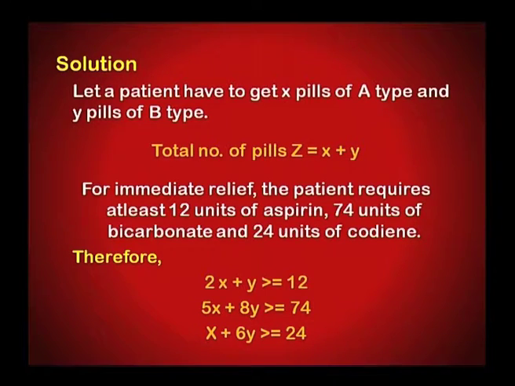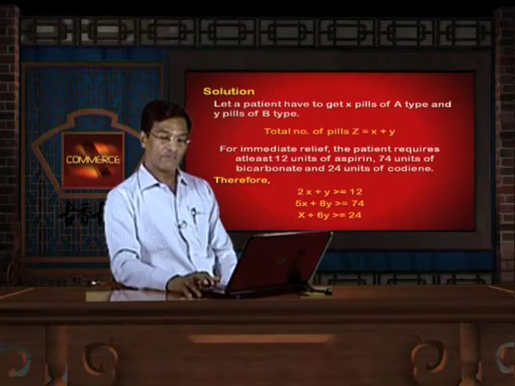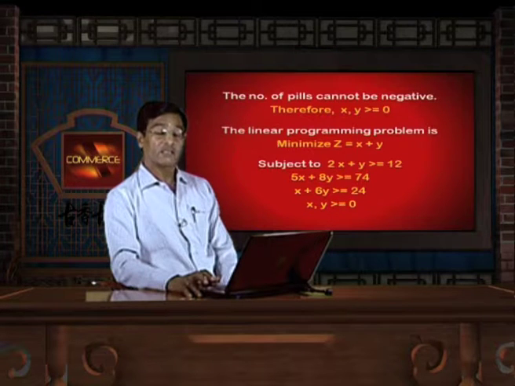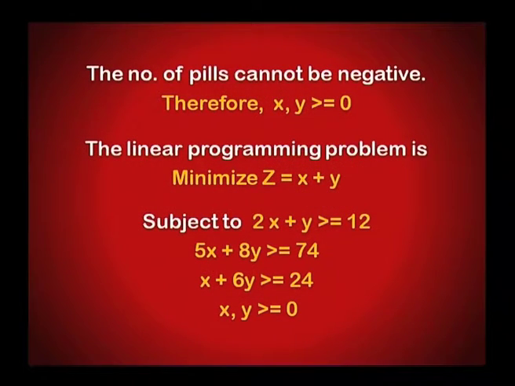Therefore, 2x plus y must be greater than or equal to 12, 5x plus 8y must be greater than or equal to 74, and x plus 6y greater than or equal to 24. The number of pills cannot be negative. Therefore, we write x and y greater than or equal to 0.